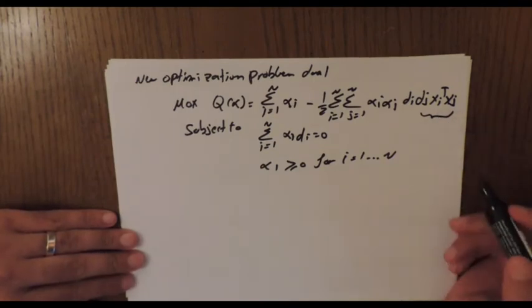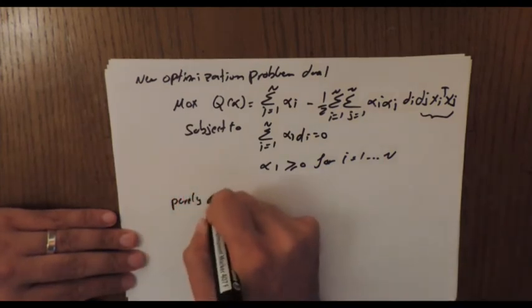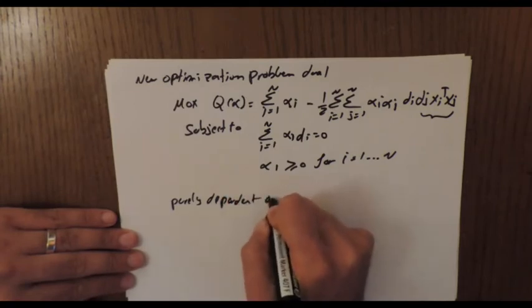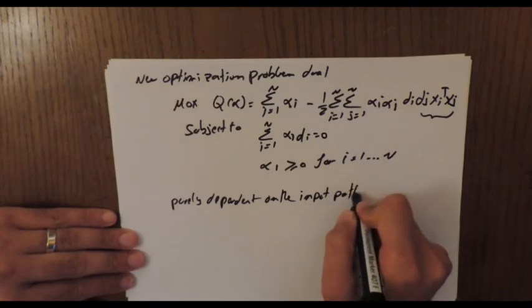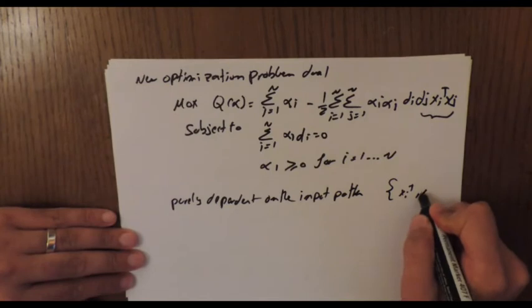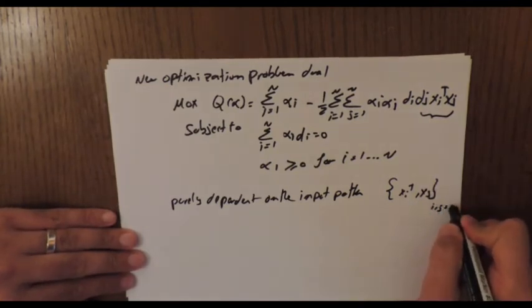So the dependency is now purely on the input pattern, which is x_i transpose x_j, for i, j equal 1 to n for all the patterns.